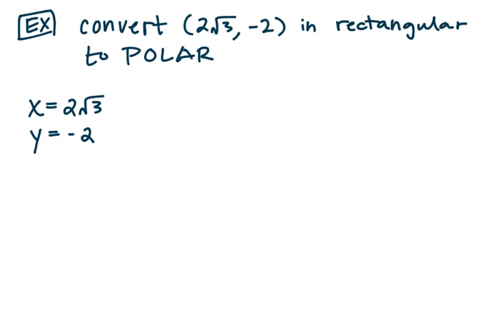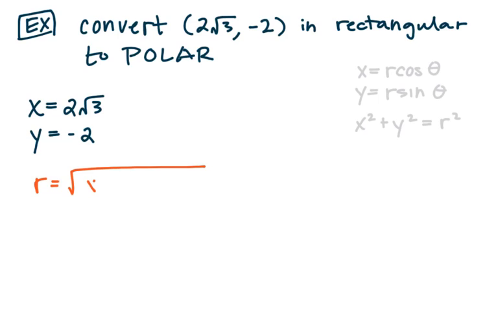We've identified our x and y, but we need to find r and theta. Remember, x is r cosine theta, y is r sine theta, and x squared plus y squared equals r squared. So r equals the square root of x squared plus y squared.